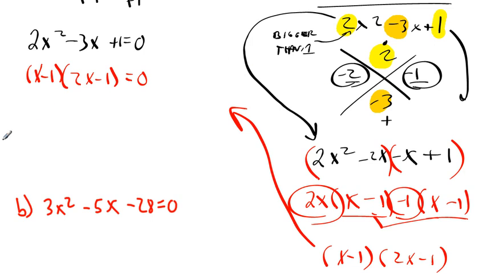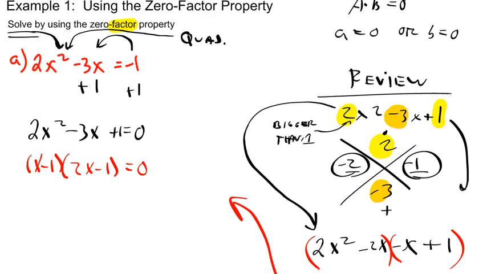Now I'm going to use the zero factor property, because we can think of this as our a, and this as our b. a times b equals 0. Remember we learned that means either a must be 0 or b must be 0. So we set this factor equal to 0 and this factor equal to 0: x minus 1 equals 0 and 2x minus 1 equals 0.